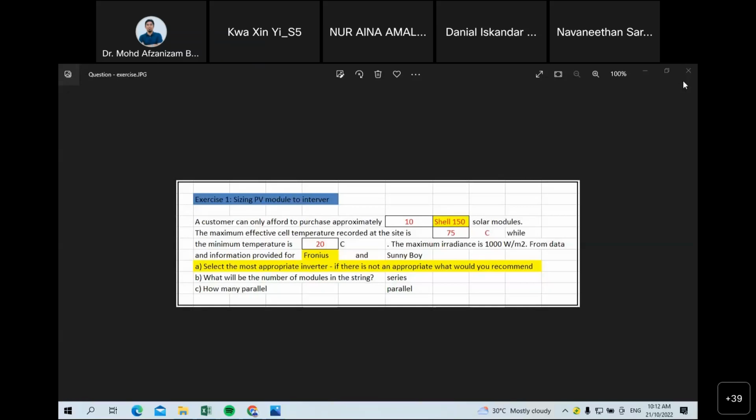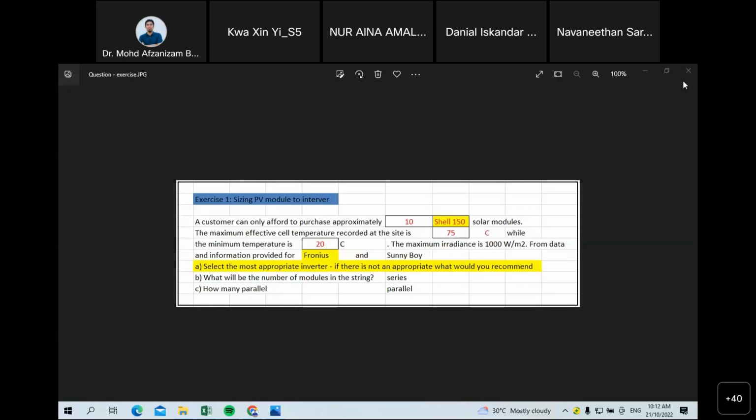This Shell 150 is the data sheet that was shared with you during the class, the orange one. The maximum effective cell temperature recorded at the site is 75 degrees C, while the minimum temperature is 20 degrees C.